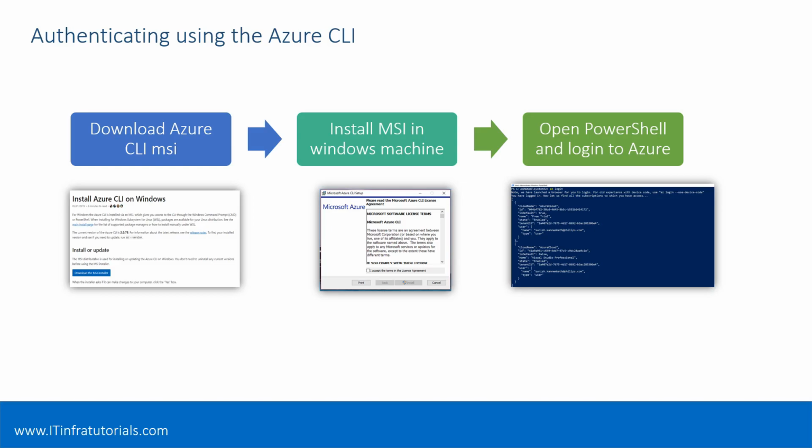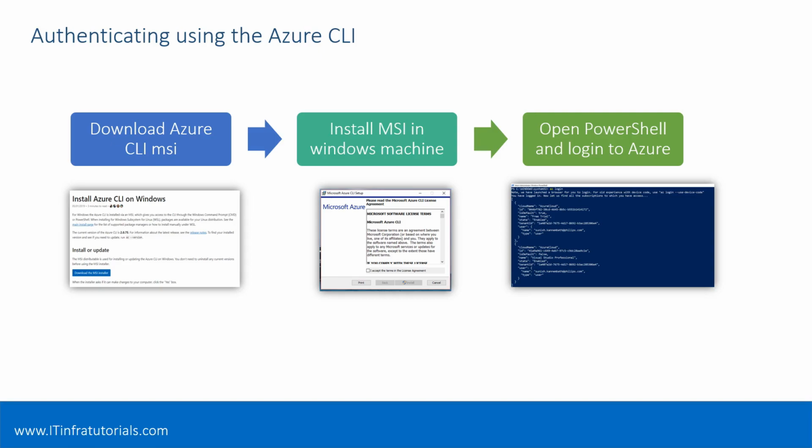Once it is done, it will give you a result in JSON format. If the login is successful, it will have your tenant ID, subscription ID, and all the details.